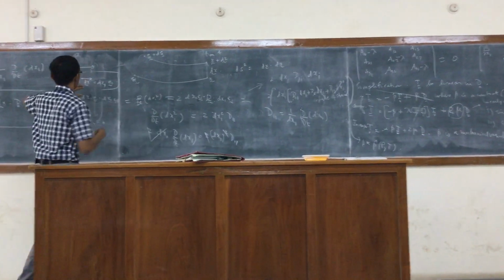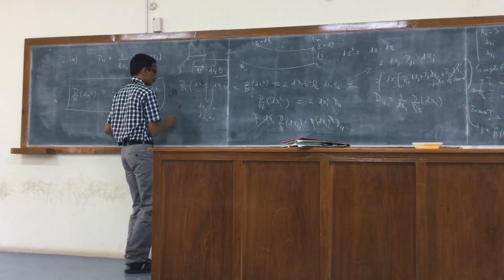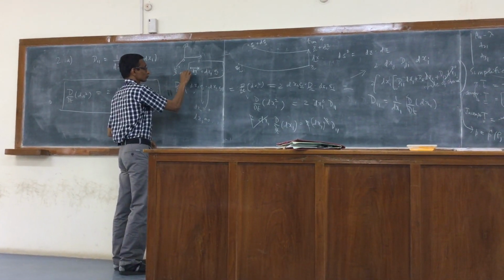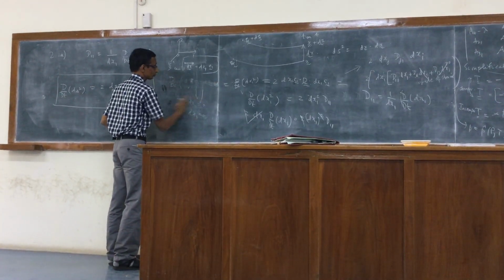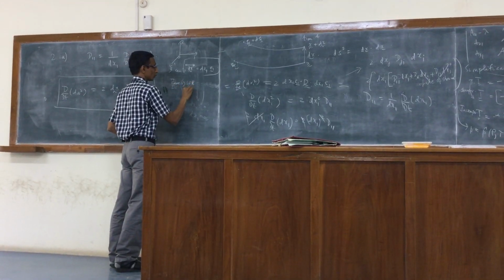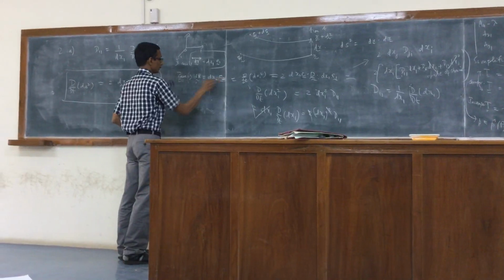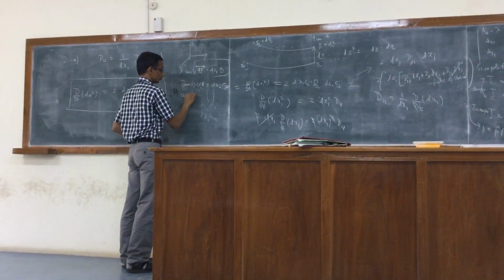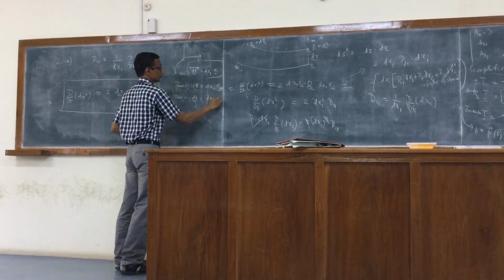In a similar way, if I now consider dx, this is case 1. Consider dx equal to dx2 E2 as case 2, and then case 3, dx equal to dx3 E3.